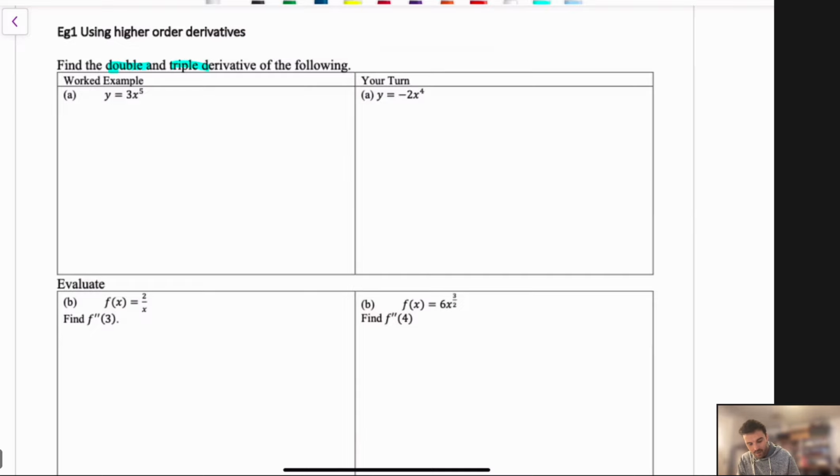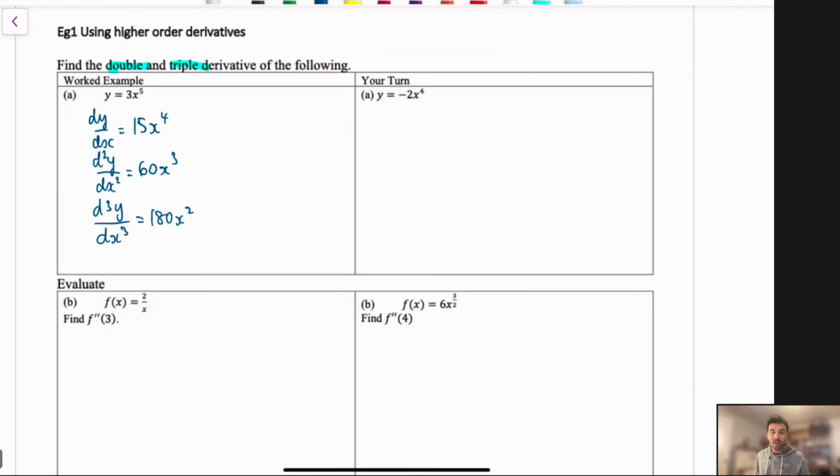I'm going to use our dy by dx notation. dy by dx is 15x to the 4, d squared y on dx squared is 60x cubed, and then d cubed y on dx cubed becomes 180x squared. So that's all we have to do here. So pause the video, have a go at the one on the right, and then play when you're ready.